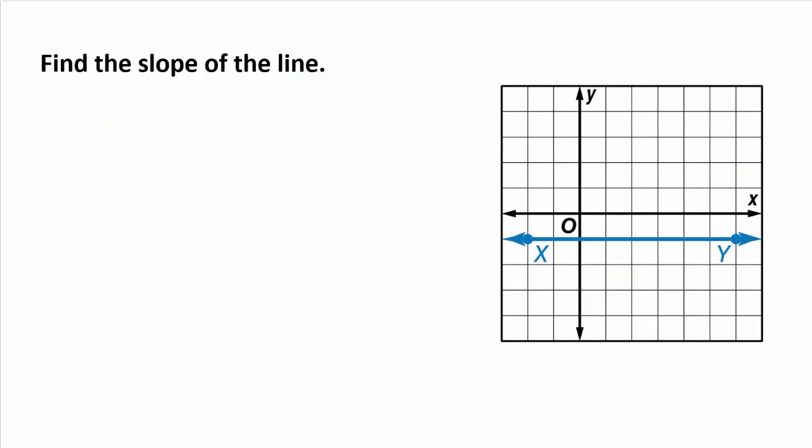The last line we're going to take a look at is line XY. And the coordinate for point X is going to be -2, -1. The coordinate for point Y is going to be 6, -1. Label my points.